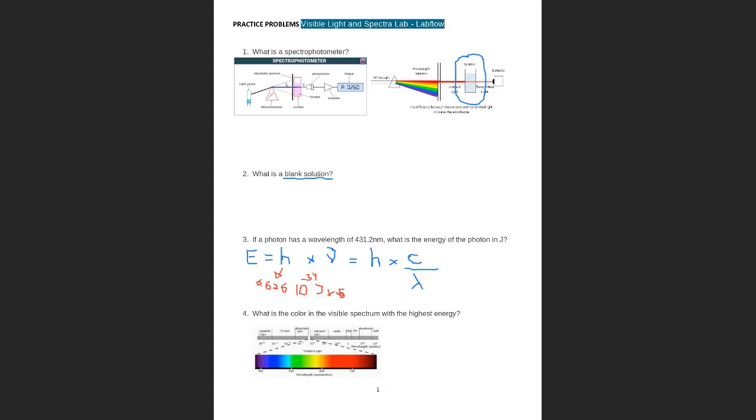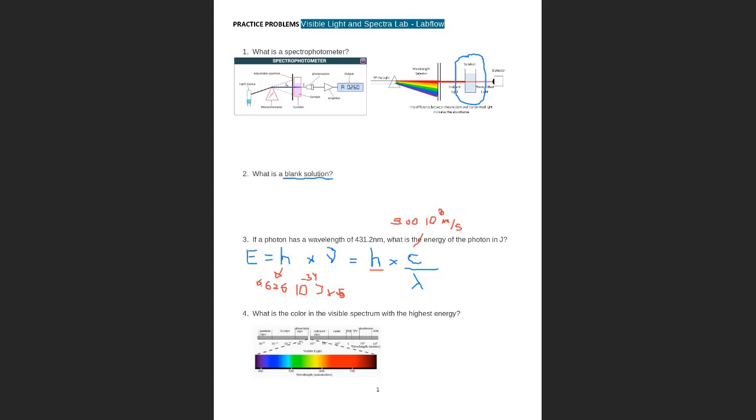The speed of light equals 3.00 times 10 raised to the 8th power meters per second.